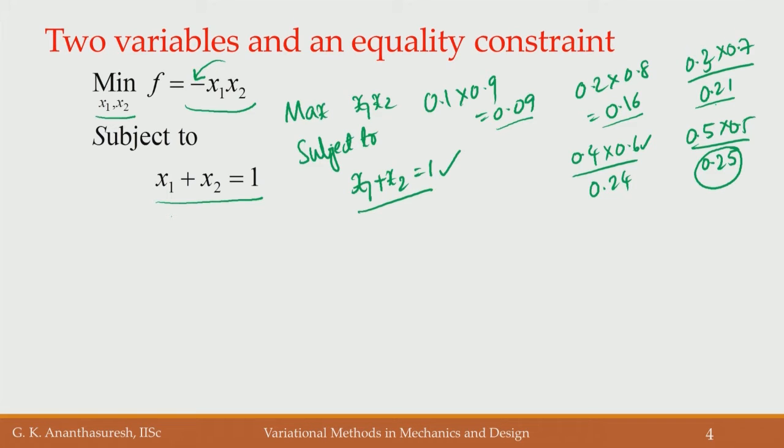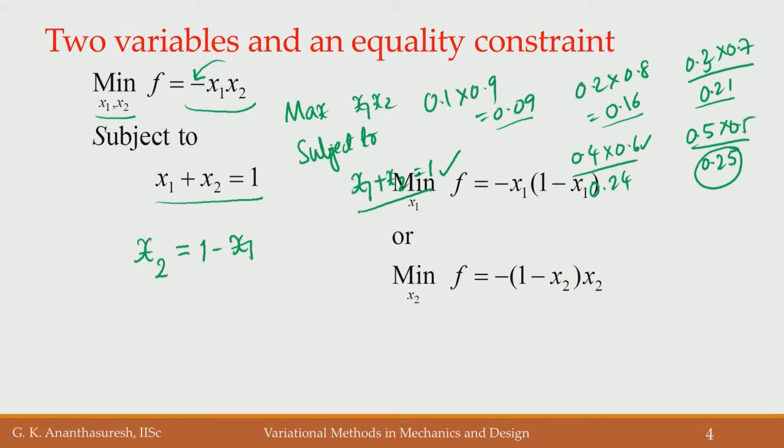Instead we can eliminate one of the variables. So, I can say I want to eliminate x2 in terms of x1. If I do that, I get a problem such as this. Let me erase some of this. Yeah.